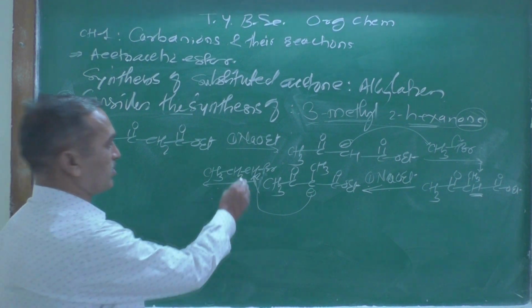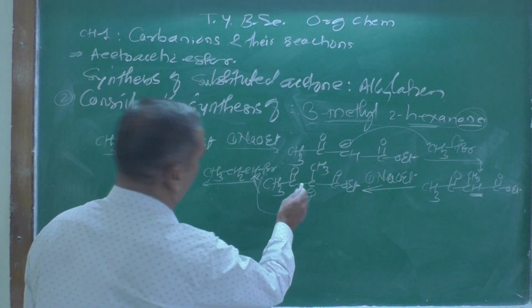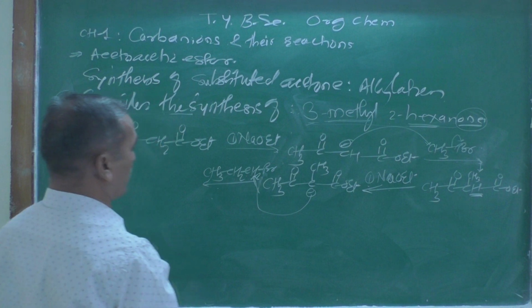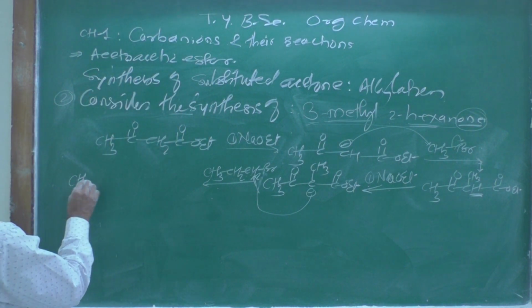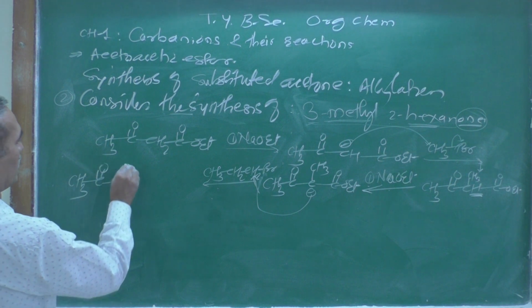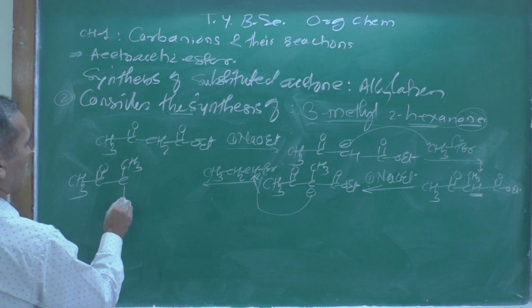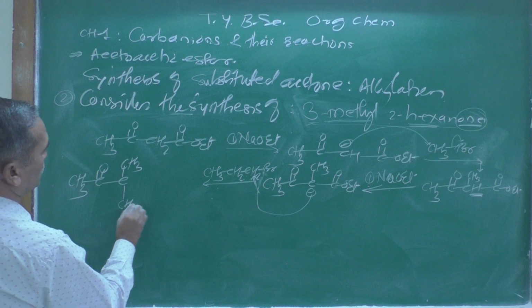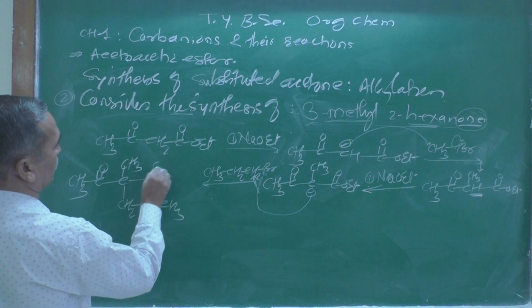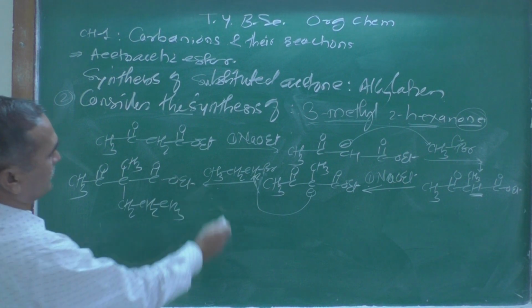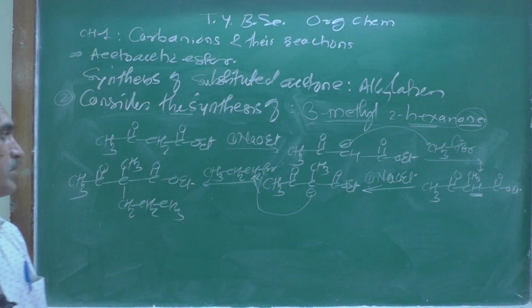So remember, this one is more electrophilic in nature, and therefore the carbanion is going to attack that particular CH2, and you are going to get CH3 C double bond O, then here CH3, then here CH2CH3, and here C double bond O, OEt. This is the compound we got over here.